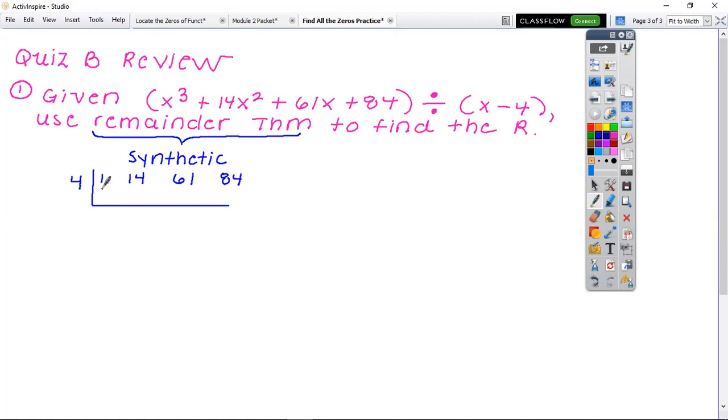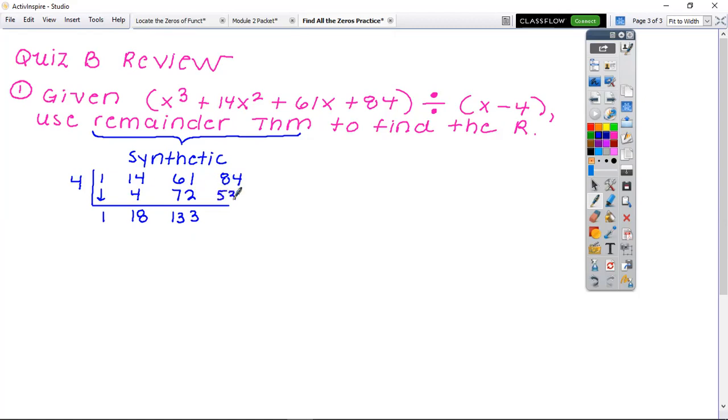All right, first number comes straight down. Multiply, add, multiply, that is 72. Add straight down, 133. I'm gonna need a calculator. So then you're going to do 133 times 4, which is 532.